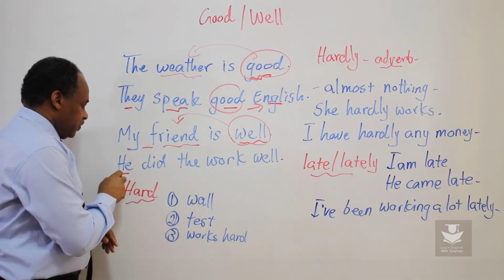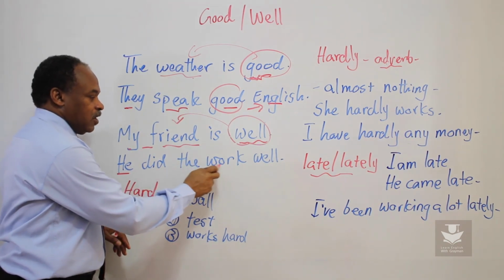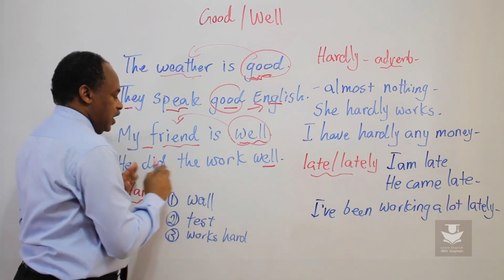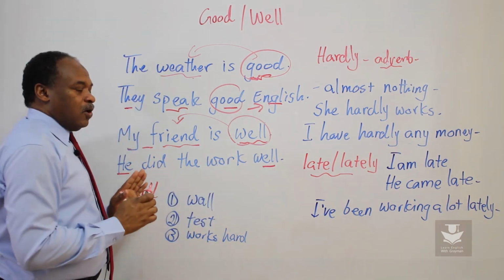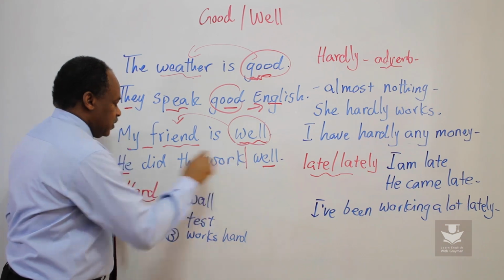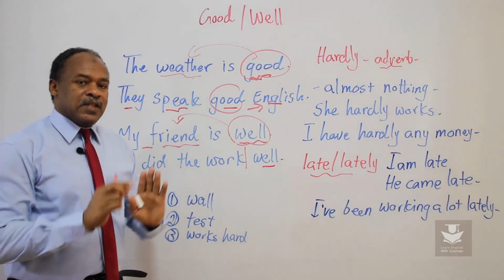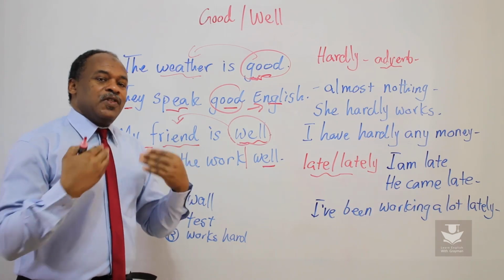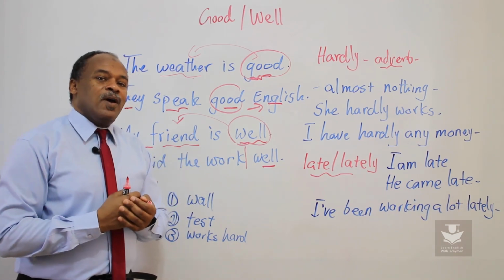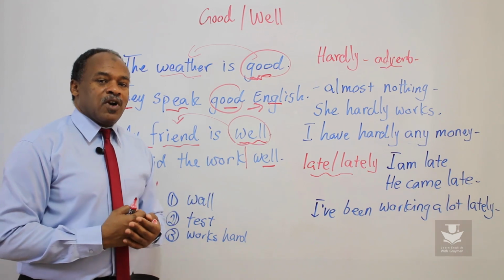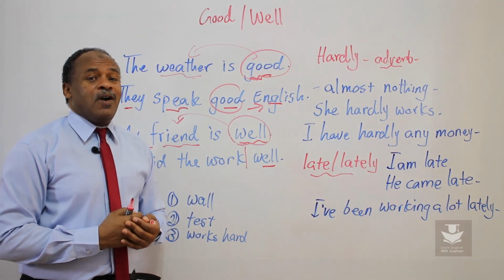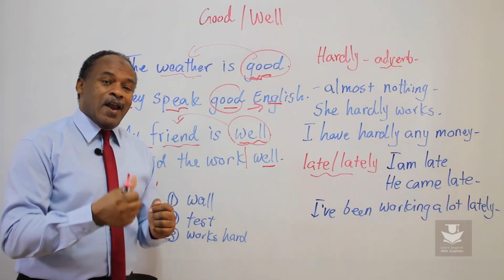We say, he did the work well. Okay, let's look at the sentence from here to here. He did the work. That's a complete sentence. But then the question that would come up is, how did he do the work? Oh, he did the work well.